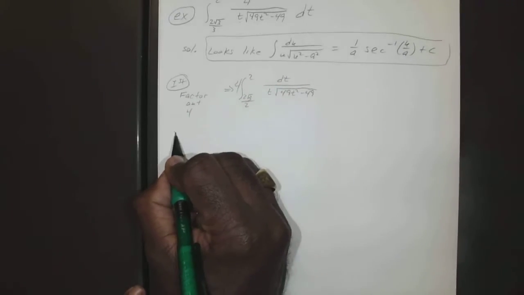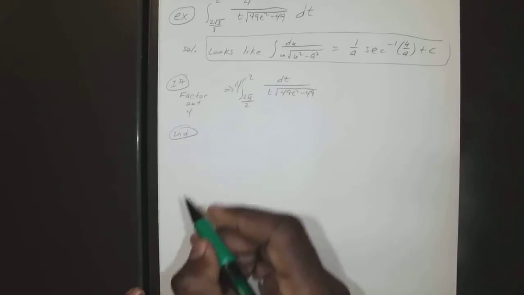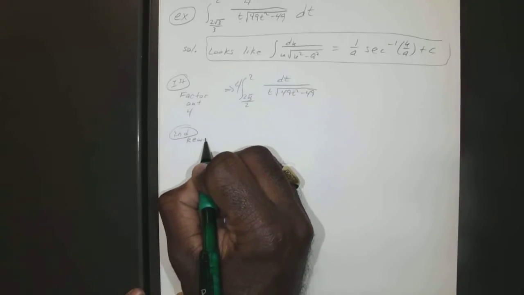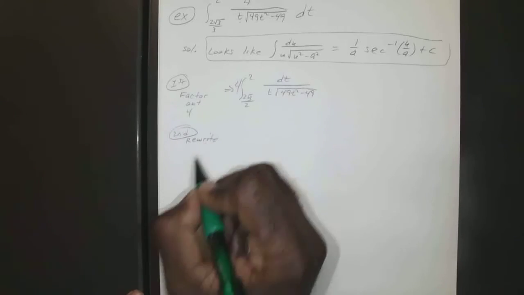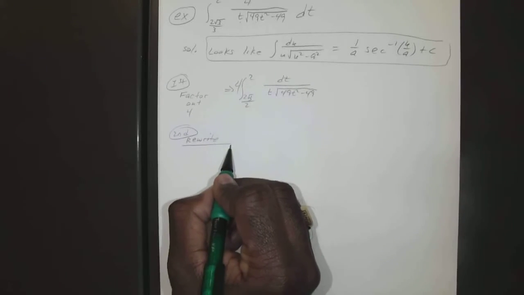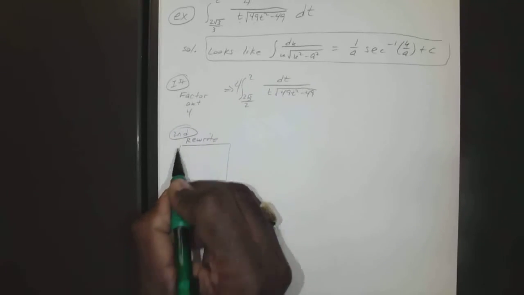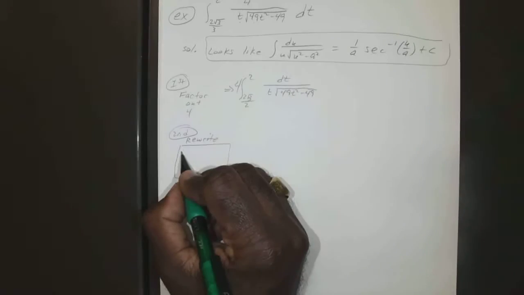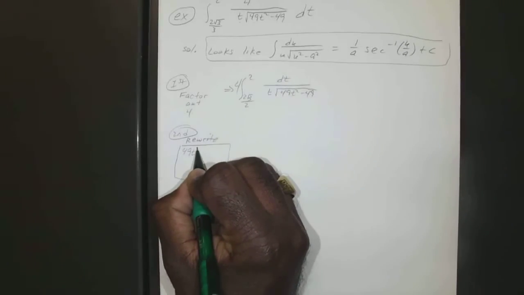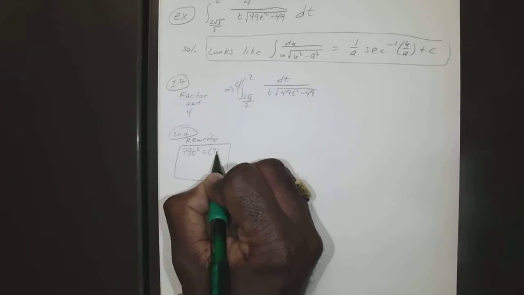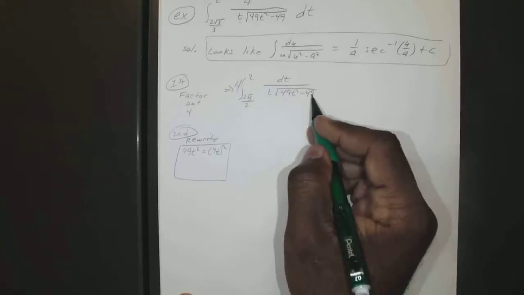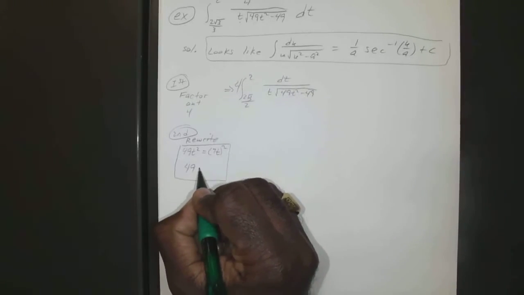Which brings us to our second step, which is the rewrite. Okay, so our 49t squared is just 7t squared, and our 49 is just 7 squared.